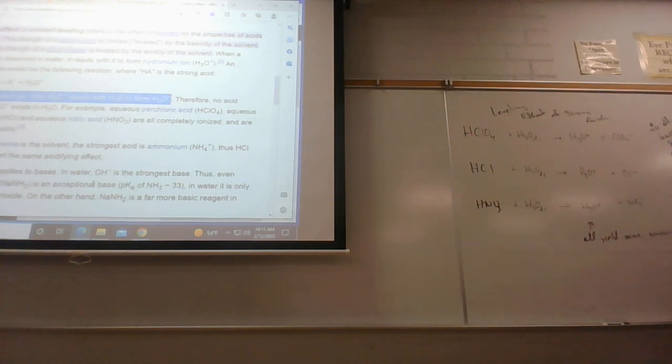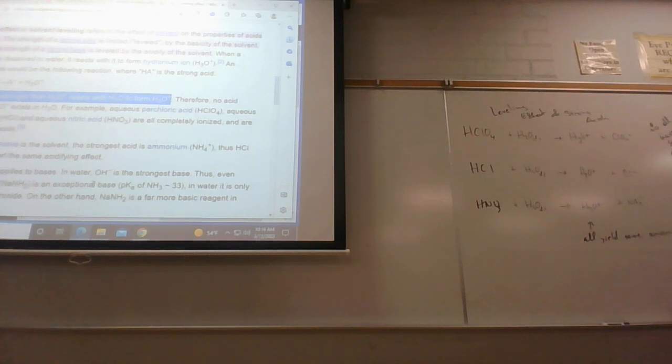However, if we look at something like acetic acid versus H2O, here acetate is going to provide a significant fight against water. Acetate's a base, water's a base. We have these two bases competing for the H+. Who's going to win?